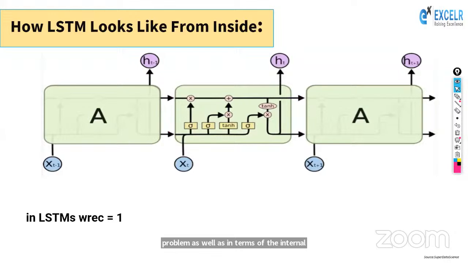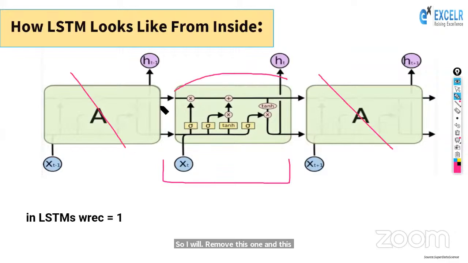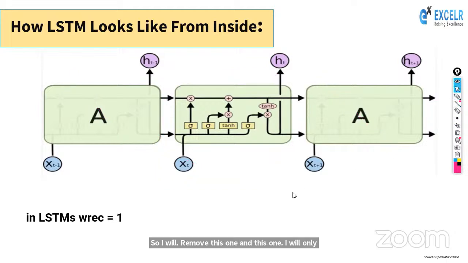Now let's understand what all these things are, like what these inputs and these sigma and tanh are. So what I'm going to do, guys, is take this particular architecture for further analysis. I will remove this one and this one, and only take this particular block to understand what the LSTM is.